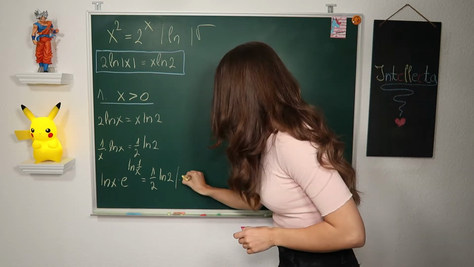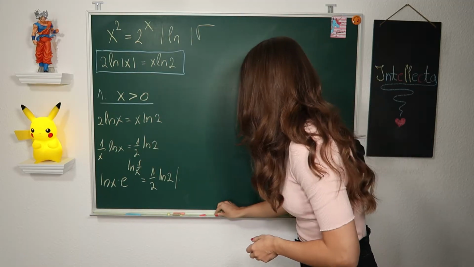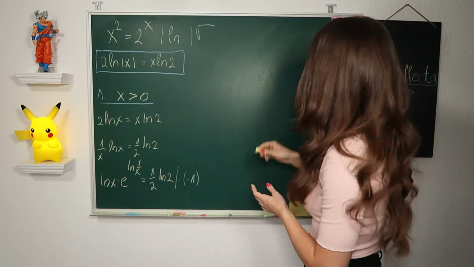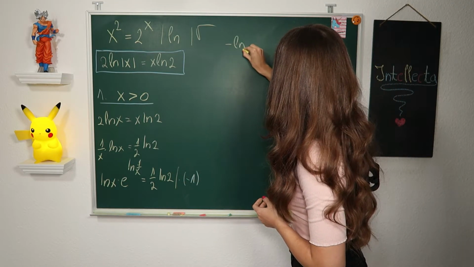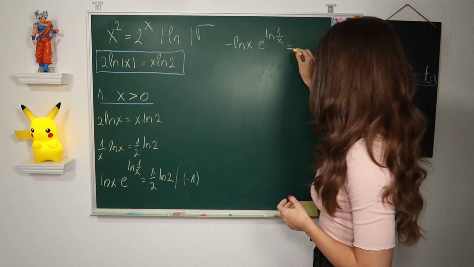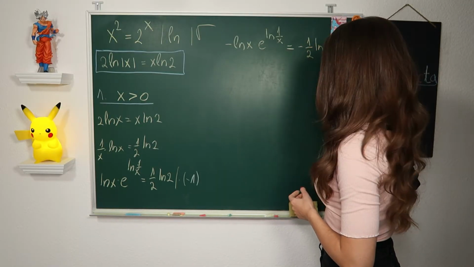So times -1, and now negative ln of x times e to the ln 1 over x is equal to negative 1 over 2 ln of 2.